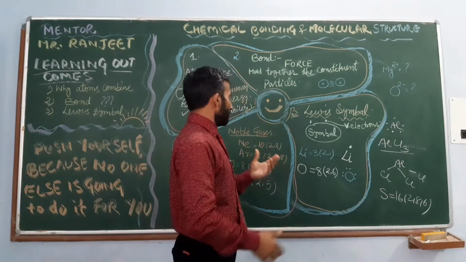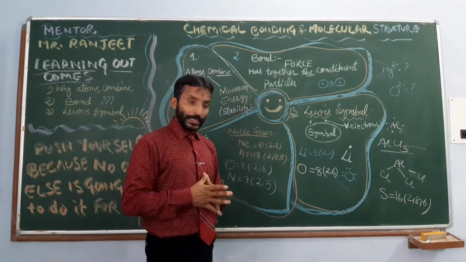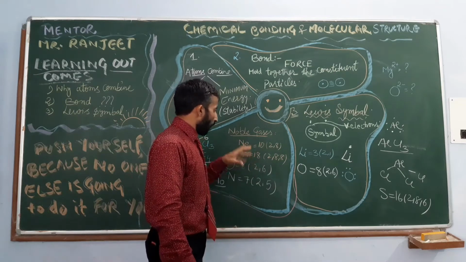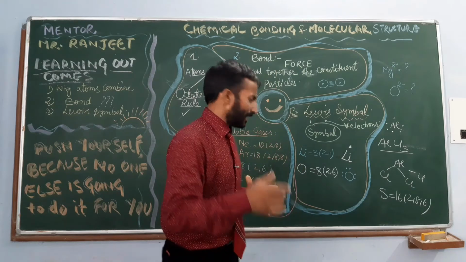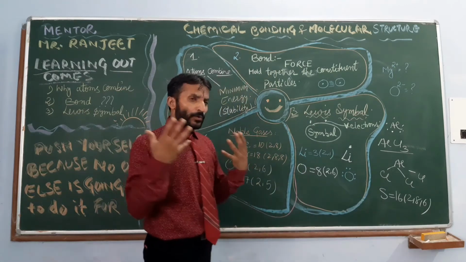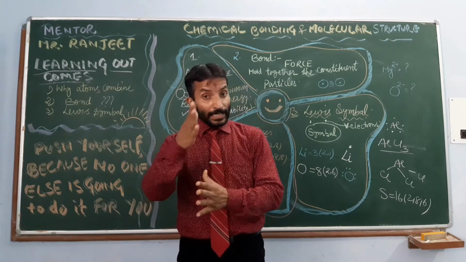They are very few in number. These noble gases are known as neon, argon, krypton, xenon, like that. They wanted to find out why they are stable, why they do not react.